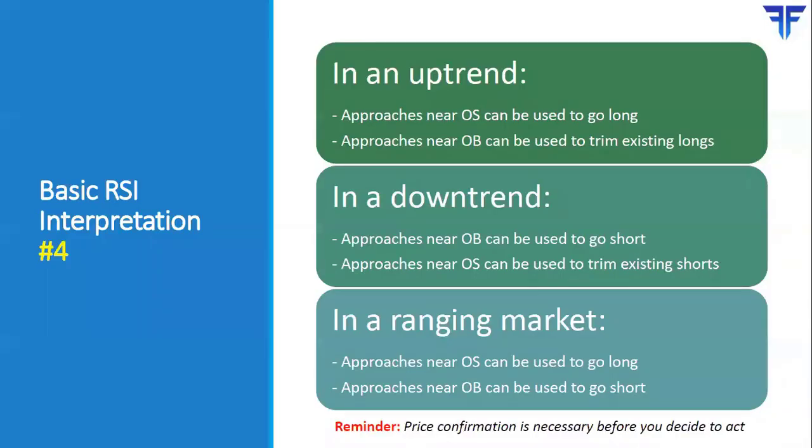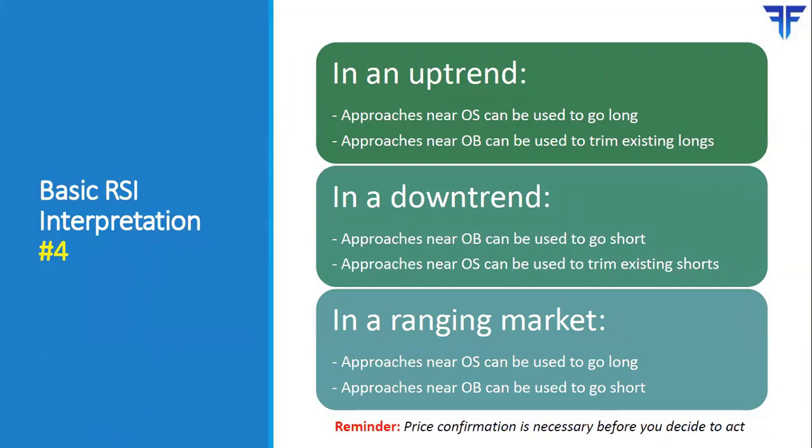Now, the fourth basic interpretation that I would like to talk about is something that I've already iterated. As I said, in a trending market, RSI tends to stick to the trend. So if you're in a clearly defined uptrend, whenever the RSI is falling towards the oversold zone, you can use that opportunity to go long, provided there is a buy confirmation from the price itself.